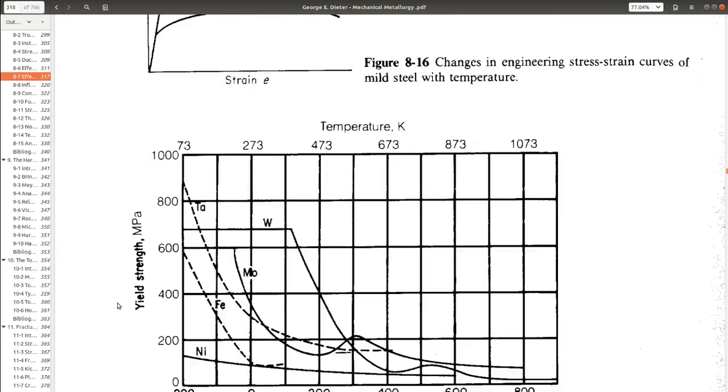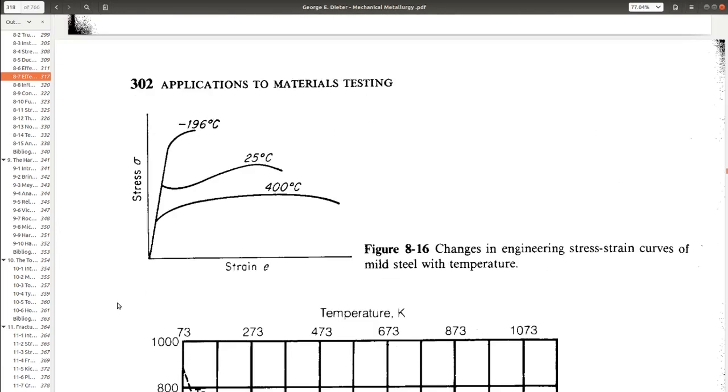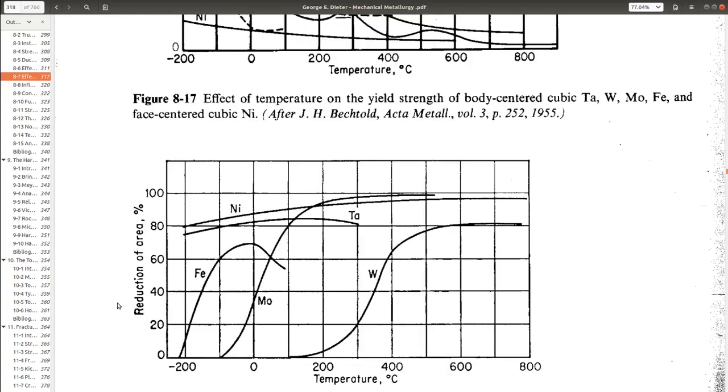This we can't identify from the stress strain curve, but from the reduction of area, we observe that at very low temperature the reduction of area is almost zero, which means it's acting more like a brittle material, but at an elevated temperature it acts like a ductile material. So therefore there is an increase in the reduction of area.